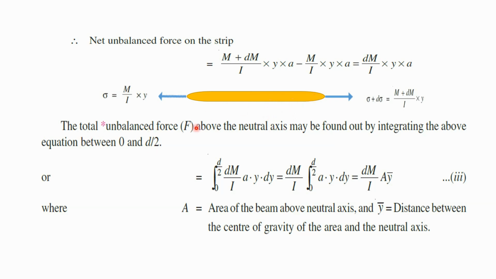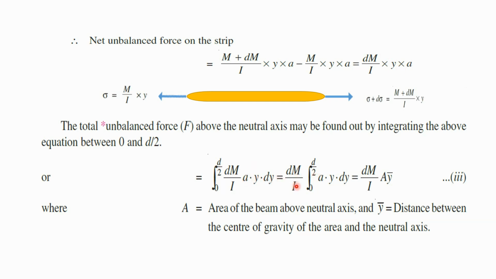So the total unbalanced force above the neutral axis may be found by integrating the above equation between 0 to d by 2, that is neutral axis to the upper and lower extreme fibers. So I just integrate that equation from 0 to d by 2, then it will be equal to dM upon I into A into Y into dy.